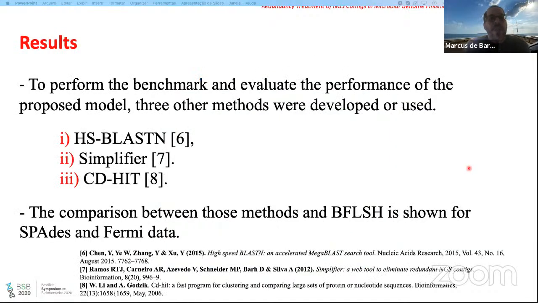So to perform the benchmark and evaluate the performance of the proposed model, 3 other methods were used. First, AGS-BLAST-N, which is based on the Burrows-Wheeler transform to perform the alignment, then the simplifier, and the well-known CD-HIT. The comparison between those methods and BF-LSH is shown for SPAdes and Fermi data.